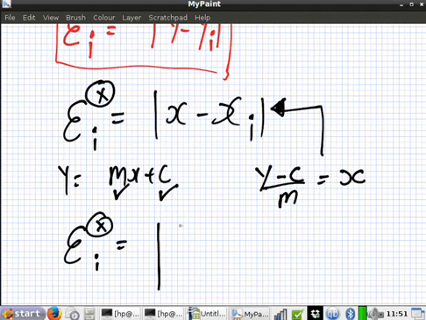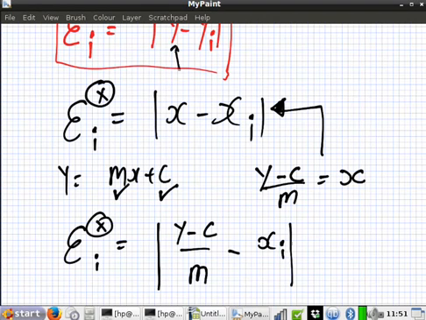y minus c over m minus xi. And just to be clear, this y here is the point on the line.